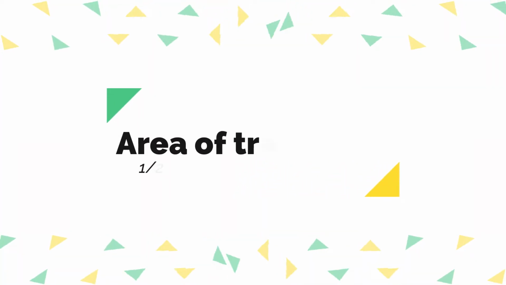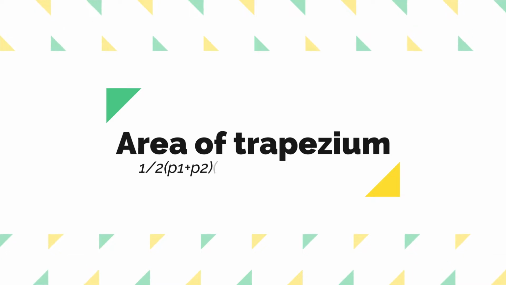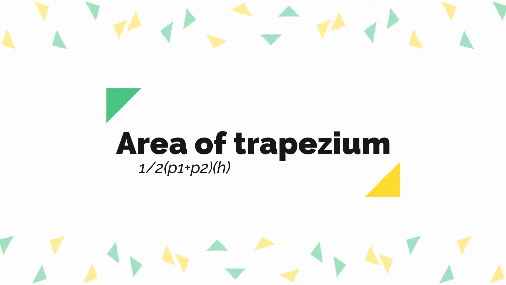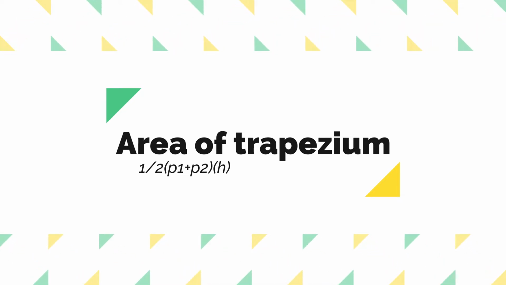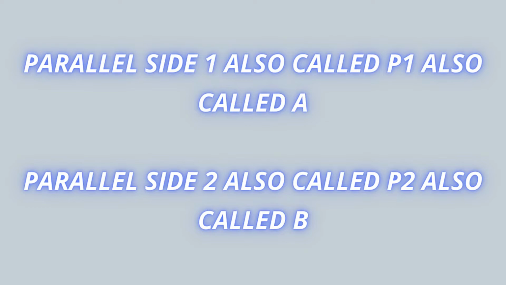we will use another formula: 1 upon 2, parallel side number 1 plus parallel side number 2, multiplied by h, and then we can get our area. So in question number 2, we are finding the area of a trapezium, so the formula is a bit different.